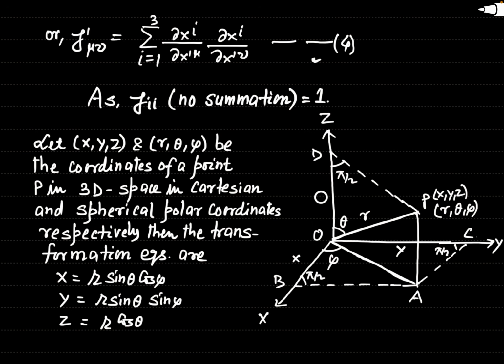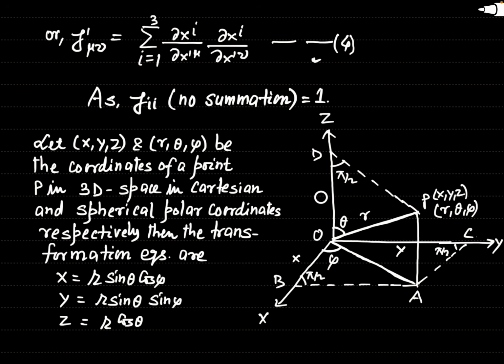Then by applying the geometry of a right angle triangle, you can see what the spherical polar coordinates r, theta, phi are in this figure. This OP is equal to r, the angle made by this radius vector r with the z-axis is theta, and the angle between the x-axis and this projection OA is phi.